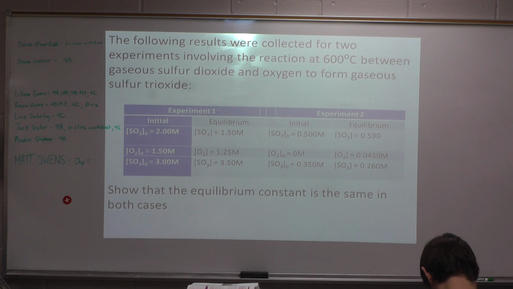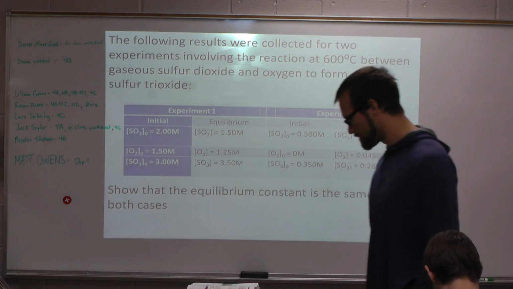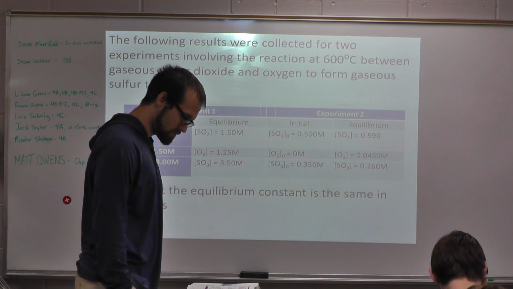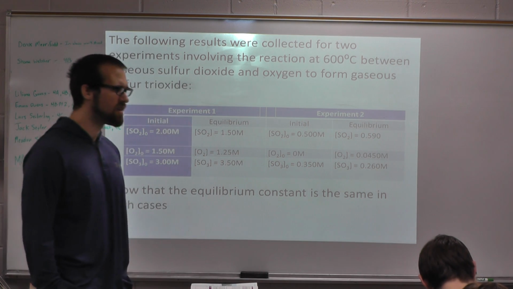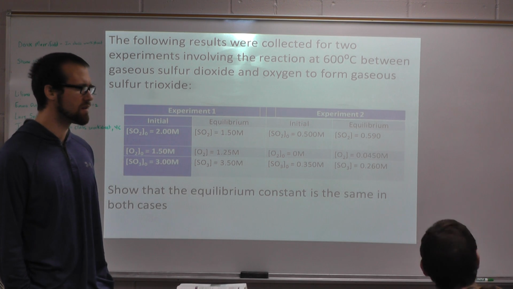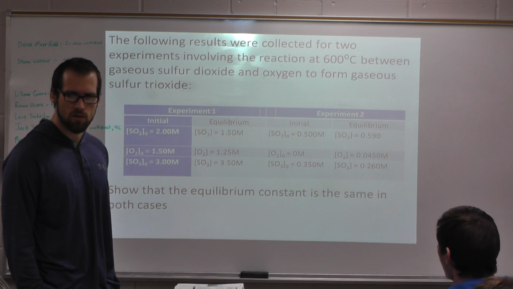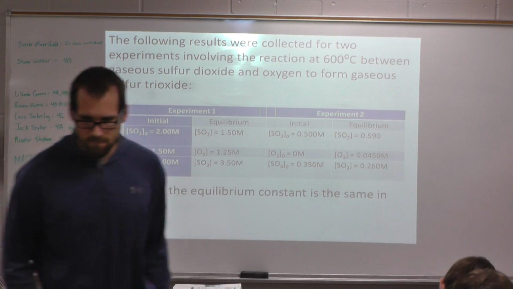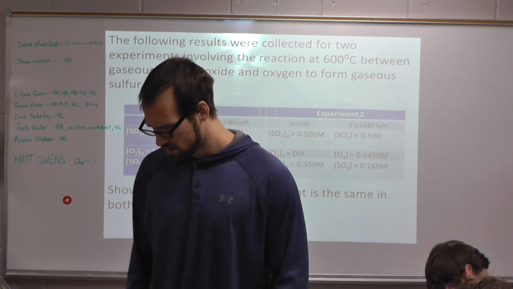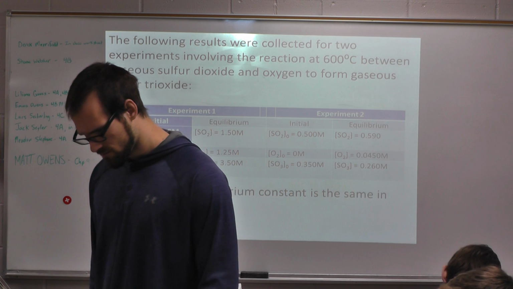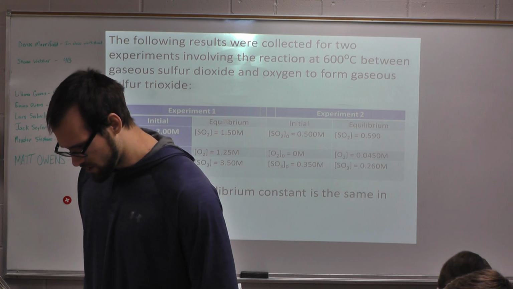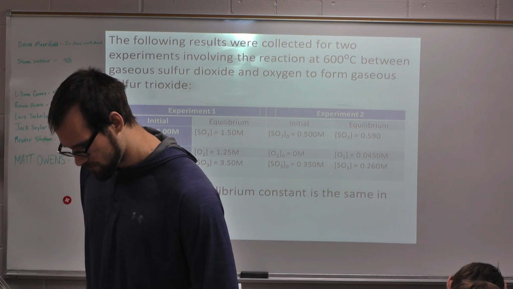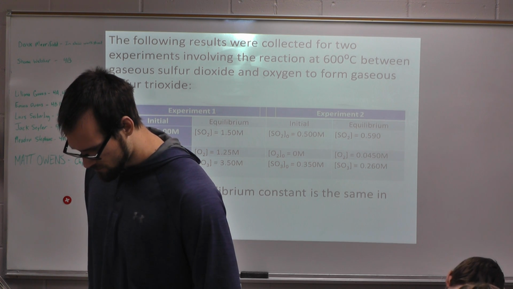Can't balance it? SO2 plus O2 goes to SO3. Well, it has to be the least common factor. So it's 4 SO2 plus 2 O2 goes to produce 4 SO3, and that's 12 oxygen and 12.